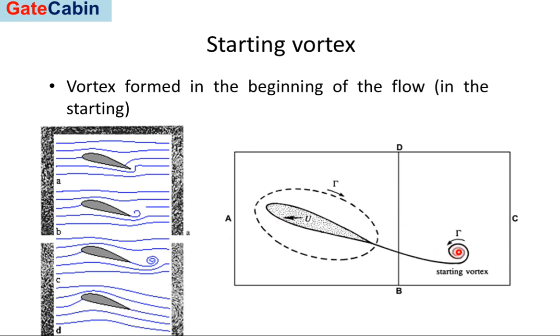Initially this vortex is on the surface of the aerofoil. The upcoming air pushes this vortex in the downward direction till a steady circulation value is attained on the surface of the aerofoil, and the wing is ready to lift up, right?